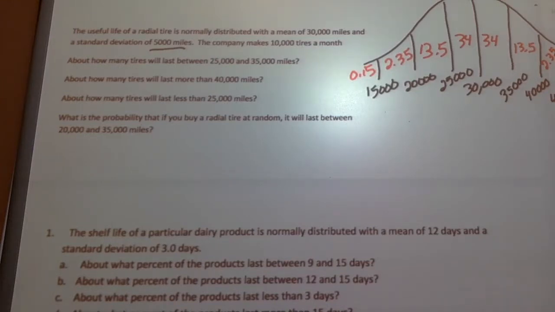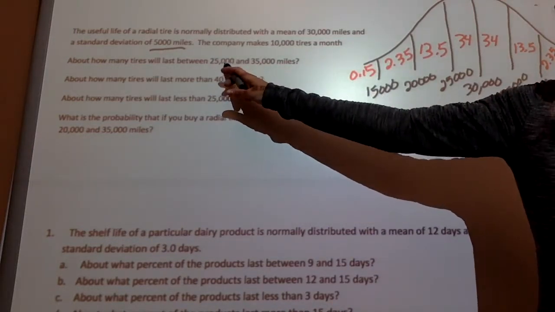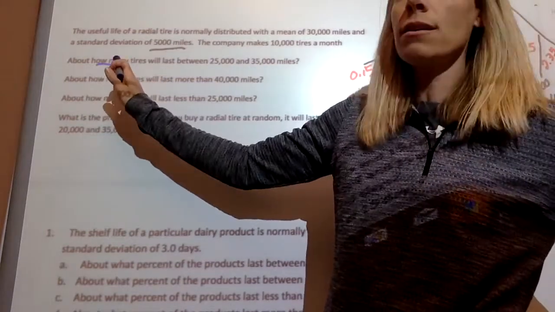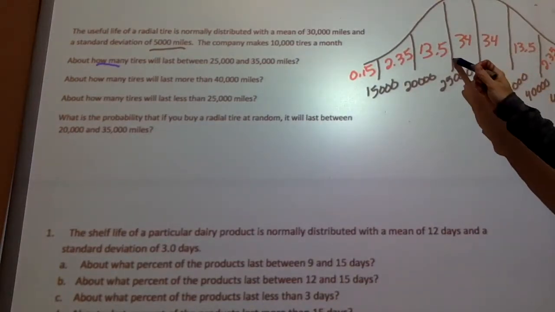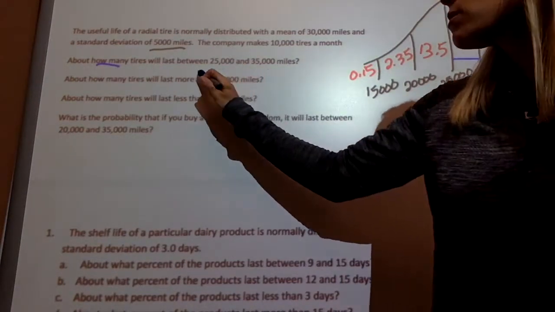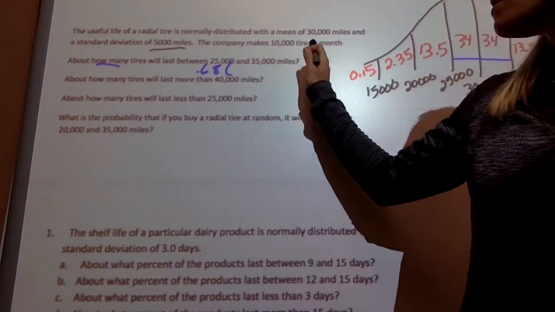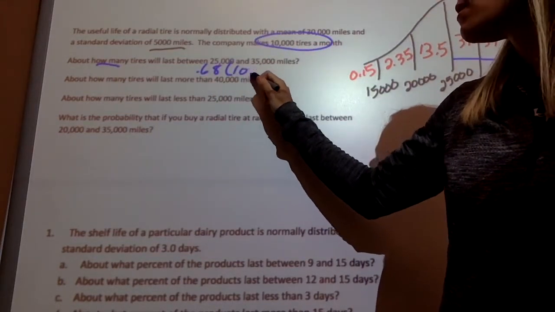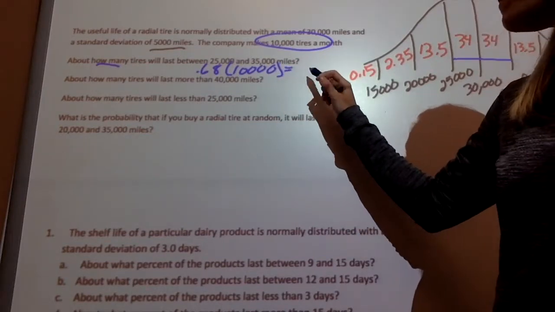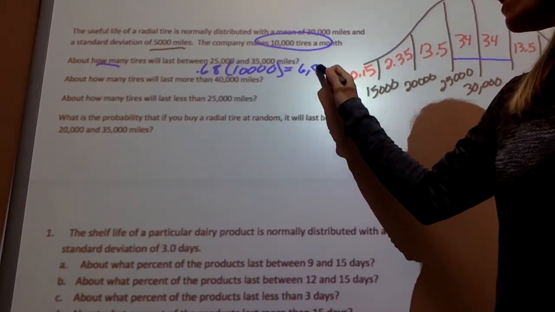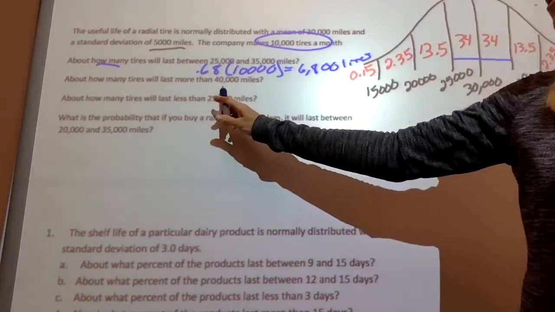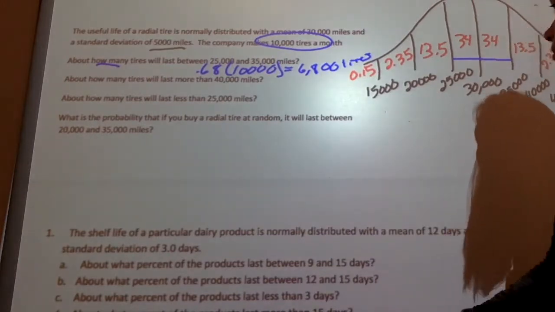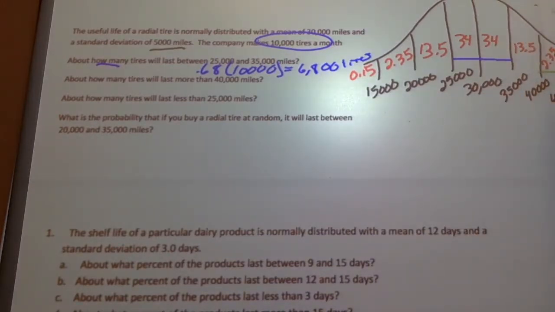Get my normal curve set up. About how many tires will last between 25 and 35? So notice it says how many, not what percent or what probability. So 25 to 35 is what? 68%. So I take 0.68 times, there's 10,000 tires made. So how many tires would that be? 6,800 tires. About how many tires will last more than 40,000 miles? So more than 40,000 miles would be here, 2.5%. Add those two together.